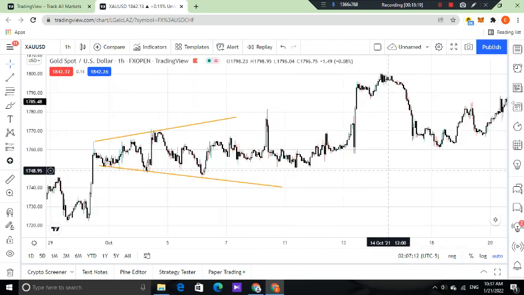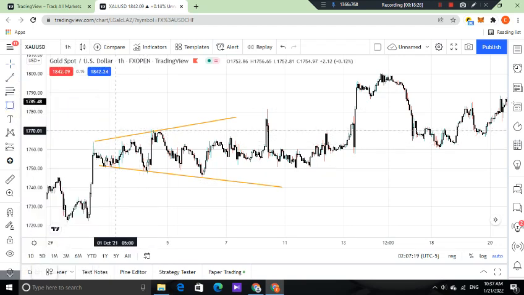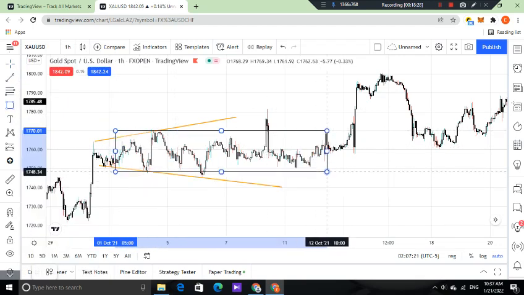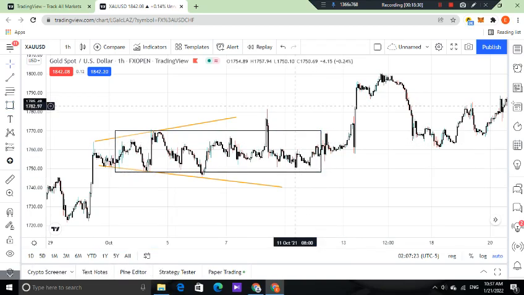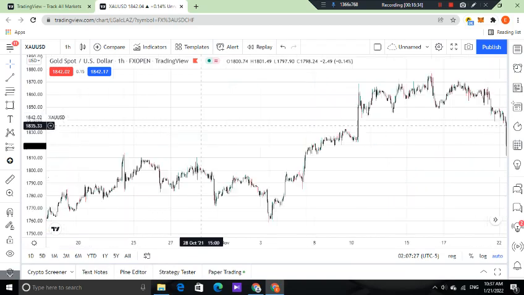But it's kind of a triangle too. You can look at it from different aspects and perspectives.